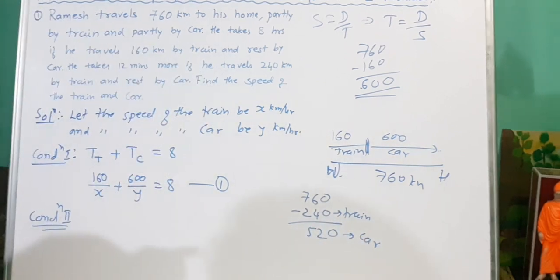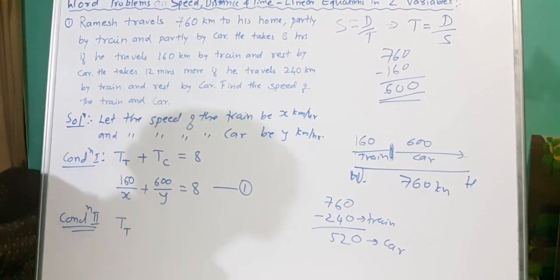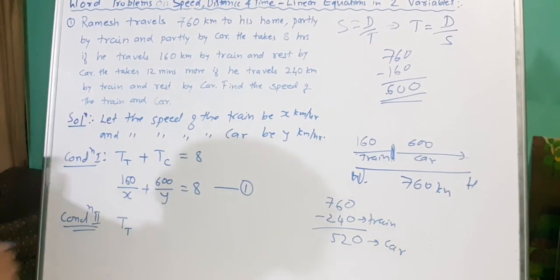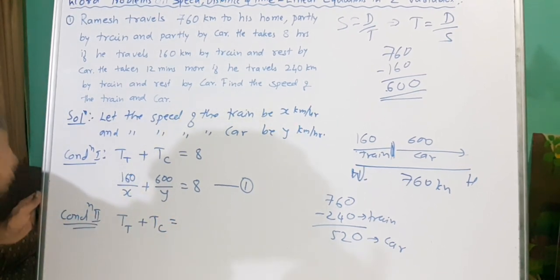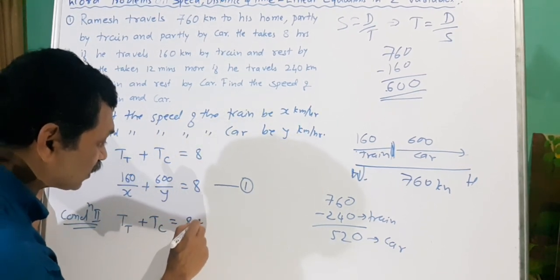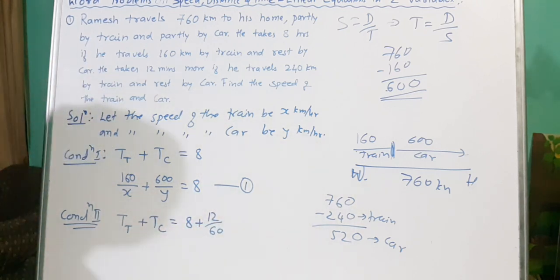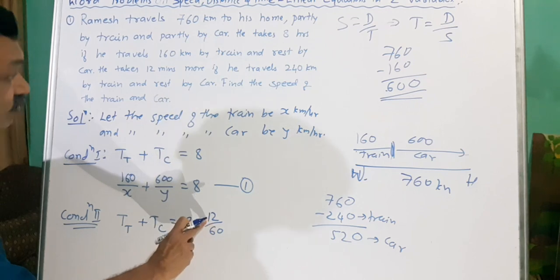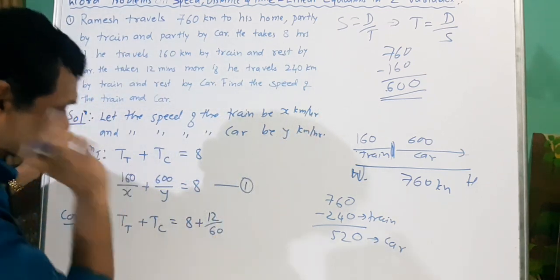And what is the time? In condition 2, the time travelled by train plus the time travelled by car is 8 hours plus 12 minutes. Minutes we have to convert into hours, so 12 upon 60. Our speed is in kilometers per hour, so we are converting into hours.